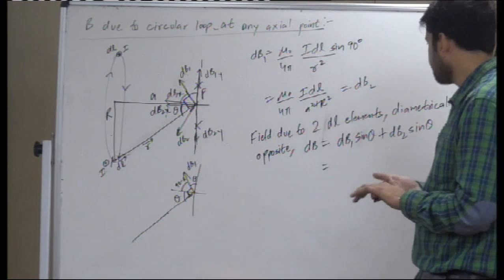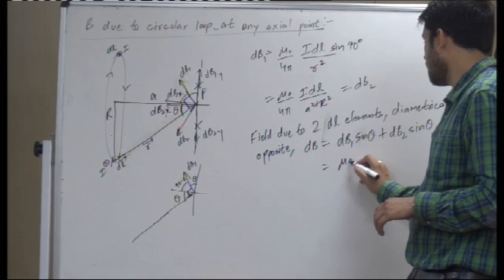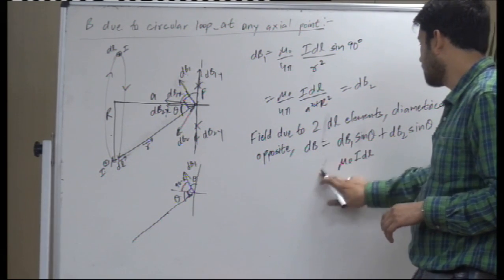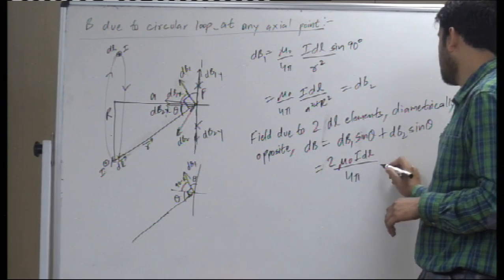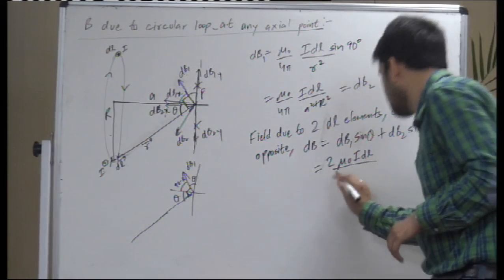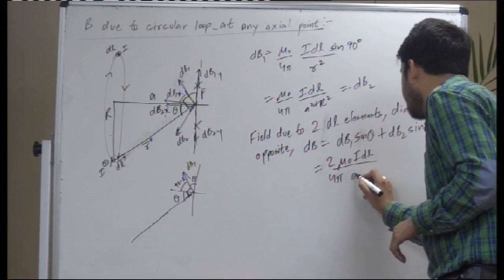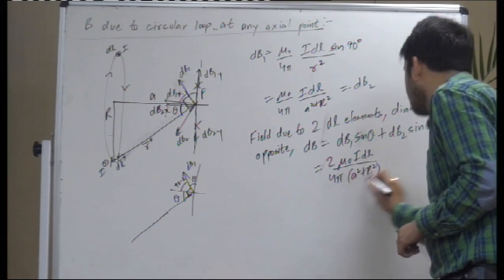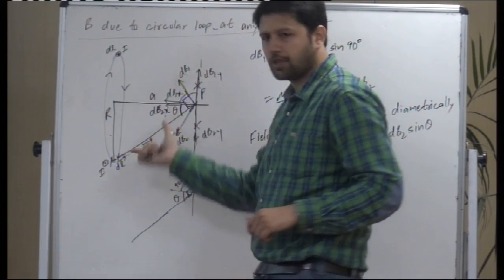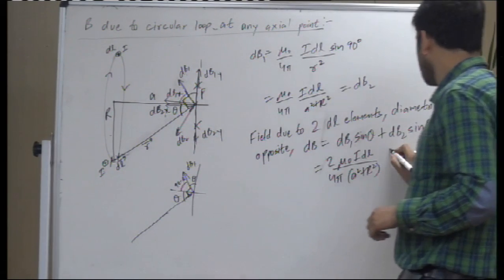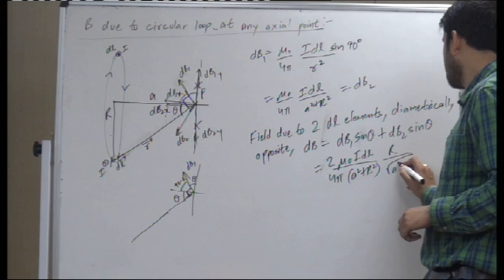So mu naught I dl, this would be twice of, upon 4 pi, a square plus r square. For sin theta in this triangle we can take r upon the hypotenuse. It is r upon the hypotenuse.